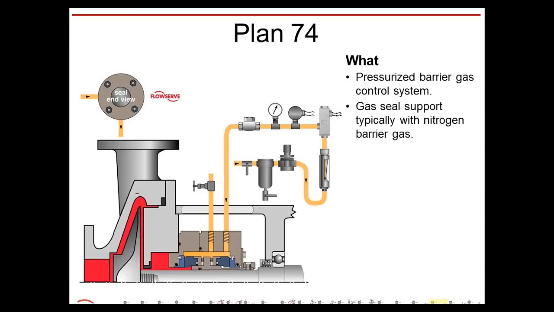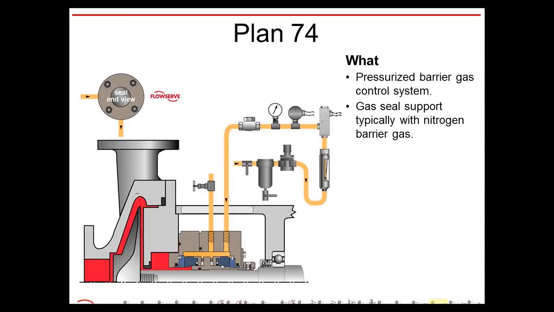Not necessarily catastrophic, but you definitely have to plan an outage to change out your seal, because you won't be able to reestablish gas to make that seal run on gas again.